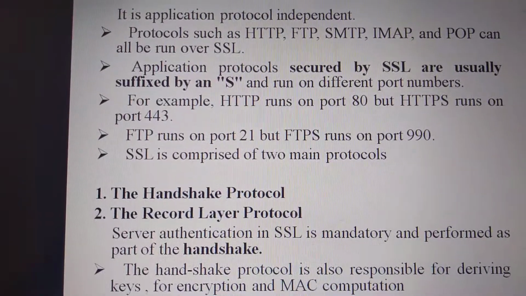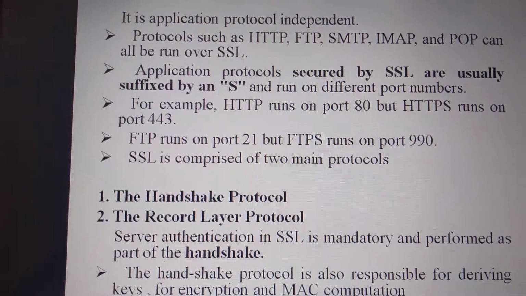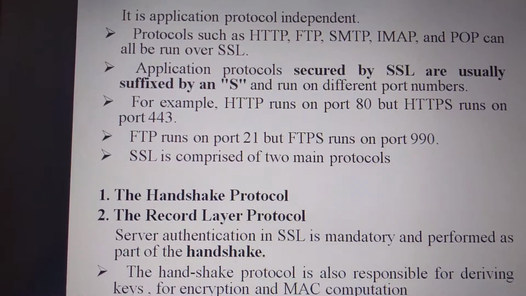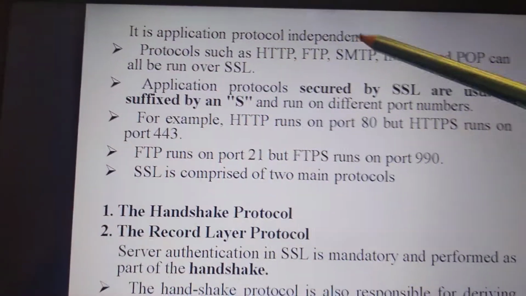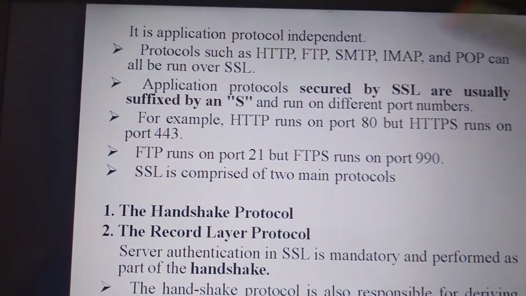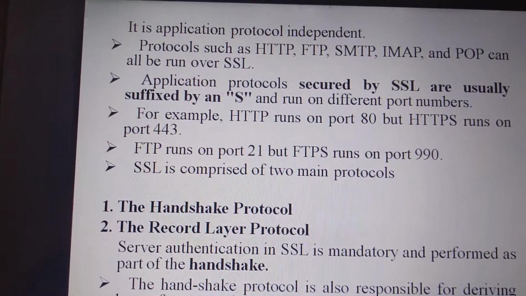SSL is application protocol independent, meaning it is not going to work for a specific application, it is going to work for all the application protocols here. Protocols such as HTTP, FTP, SMTP, IMAP and POP can also run over the SSL protocol.